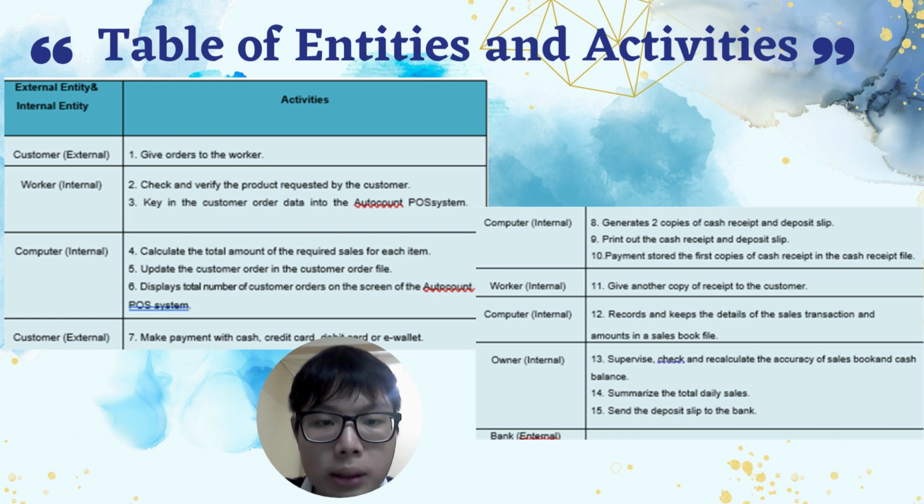The cashier stores the first copy of the cash receipt in the cash receipt file. The worker will give another copy of the receipt to the customer. The computer will record and keep the details of the sales transaction and amount in the sales book file.